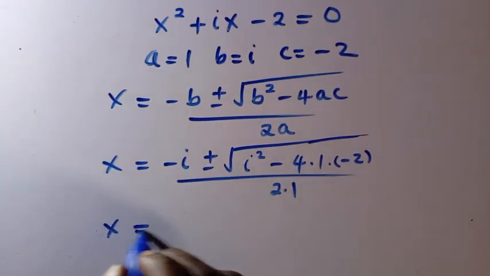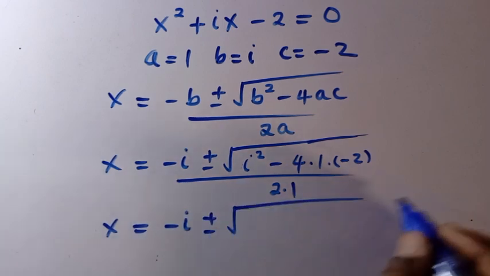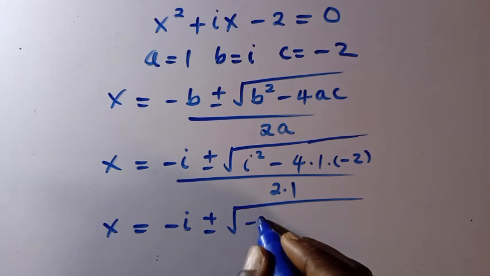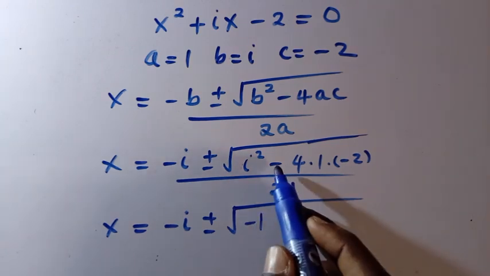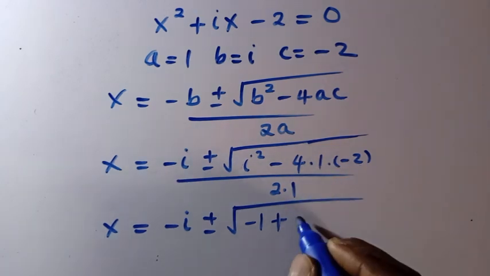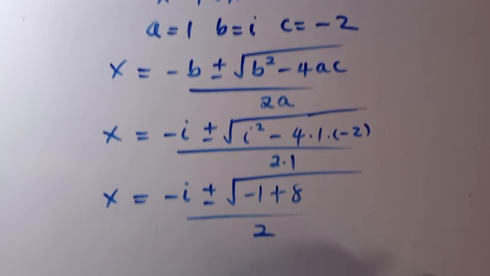And here we have x equals minus i plus or minus square root of, so i squared is given as minus 1. So minus multiplied by minus is plus, then 4 times 1 times 2 is 8. Everything divided by 2.